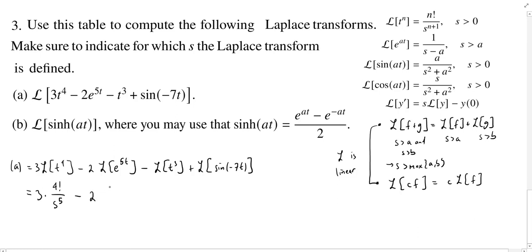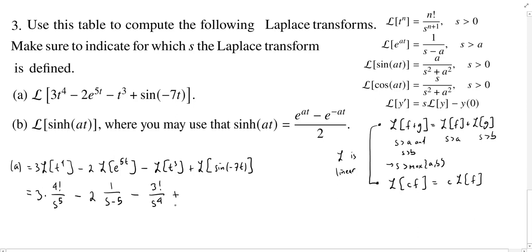Okay, then minus twice. Okay, now I need the Laplace of e to the 5t, so I use the second one. E to the at, well, my a is 5 here, so this would be 1 over s minus 5. Okay, then I have a minus, and now I need L of t cubed. Okay, back to the first one. N is now 3, so I'll get 3 factorial over s to the 4th power.